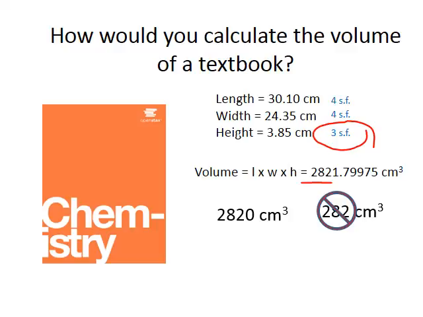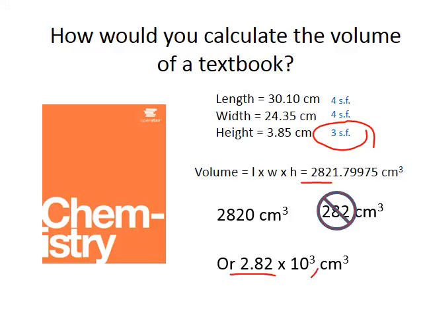That placeholder 0 is problematic, so a better way of representing this number is actually to use scientific notation. 2.82 times 10 to the third centimeters cubed is exactly the same as 2,820. The advantage here is that we know that all of those digits in the left-hand part of that number are considered significant.